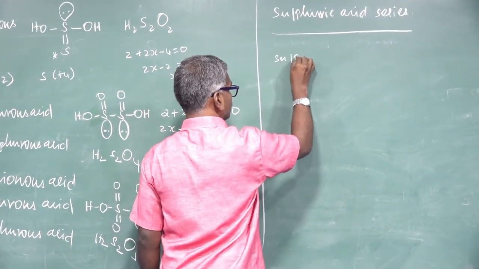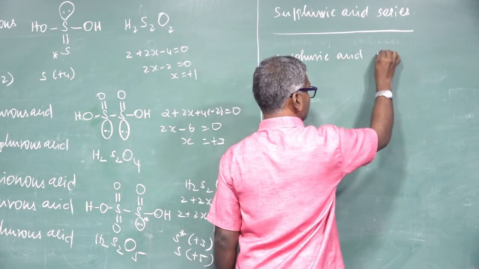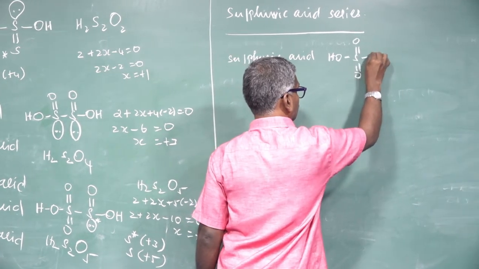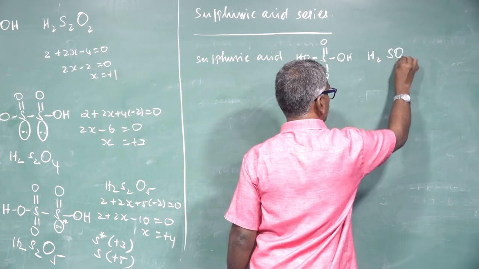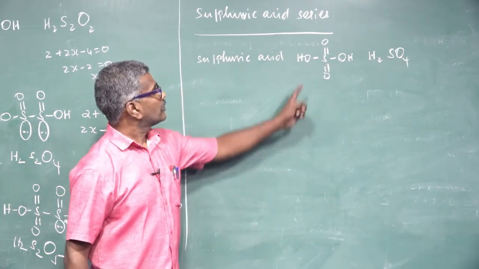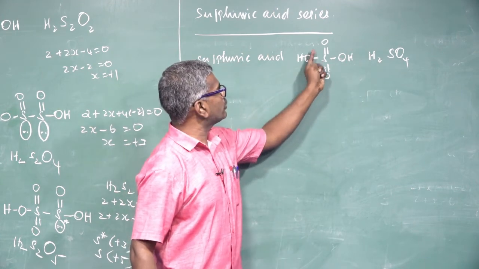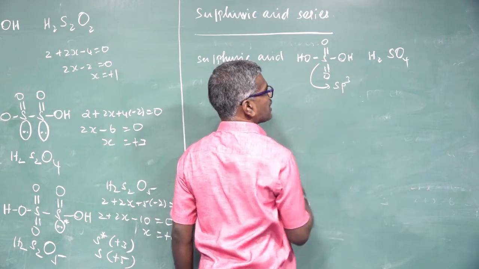First one, sulfuric acid. The structural formula. This is the formula H2SO4: two hydrogen, one sulfur, oxygen 1, 2, 3, 4. This one exhibits sp3 hybridization.